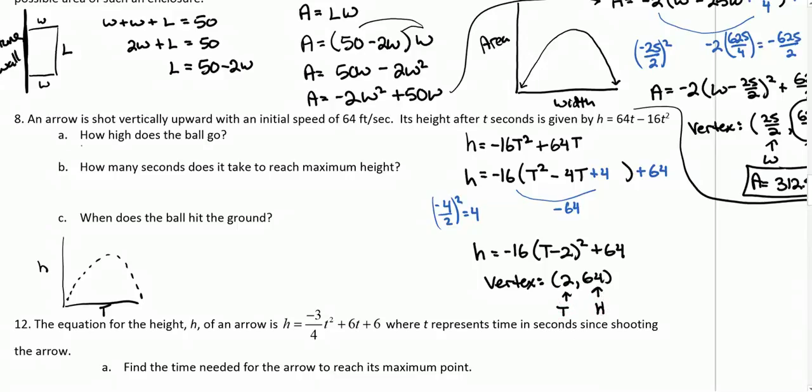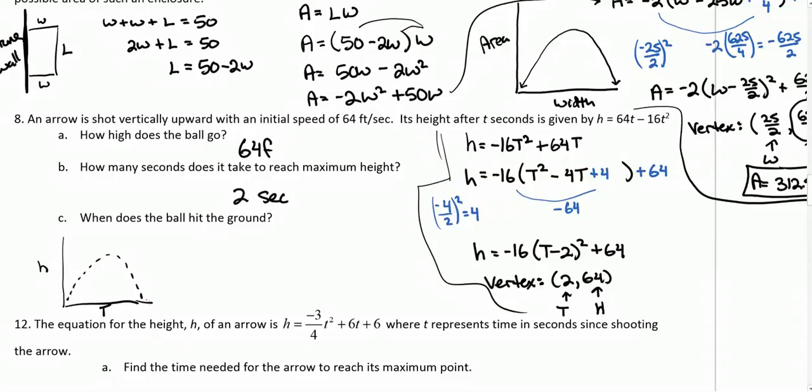So now if we look at part A, it says how high does the ball go? It goes 64 feet. How many seconds does it take to reach the maximum height? 2 seconds. Both of those came from our vertex. When does the ball hit the ground? Now, vertex form doesn't help us when the ball hits the ground.